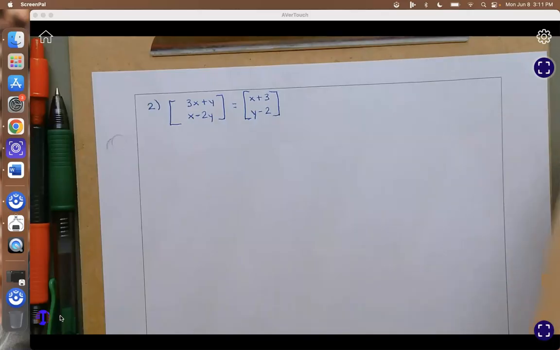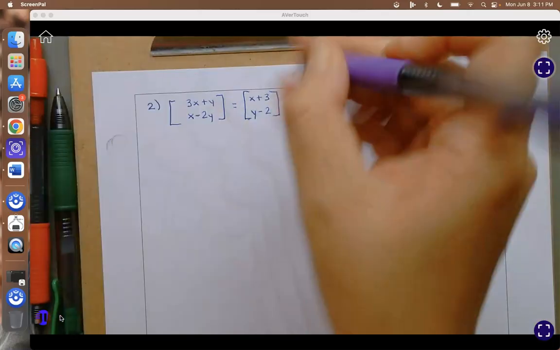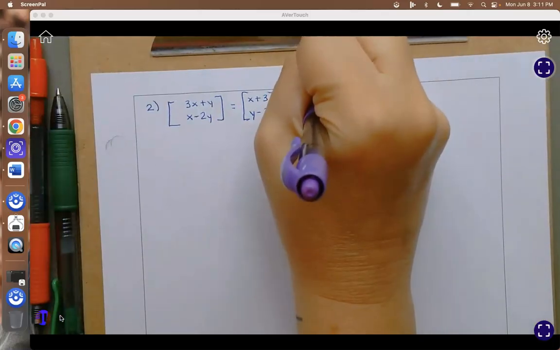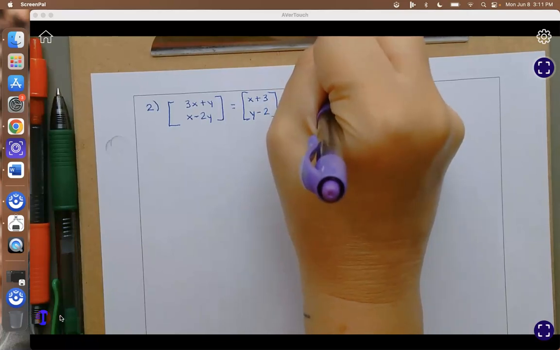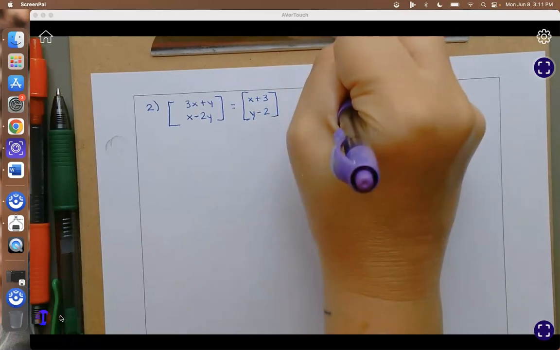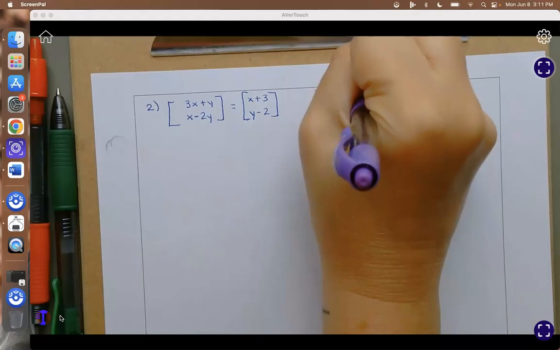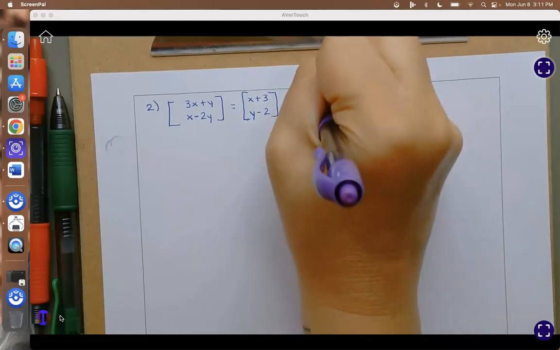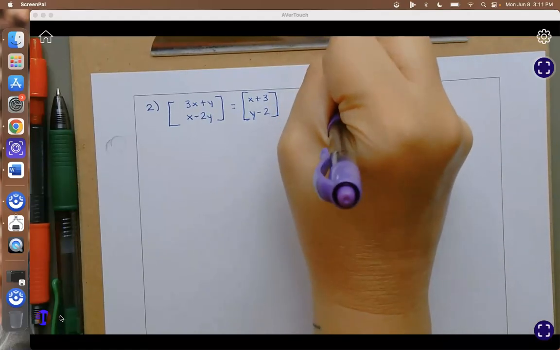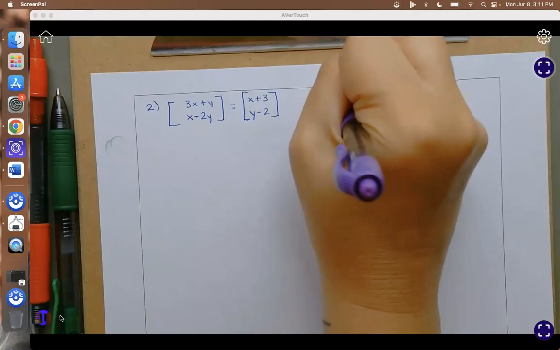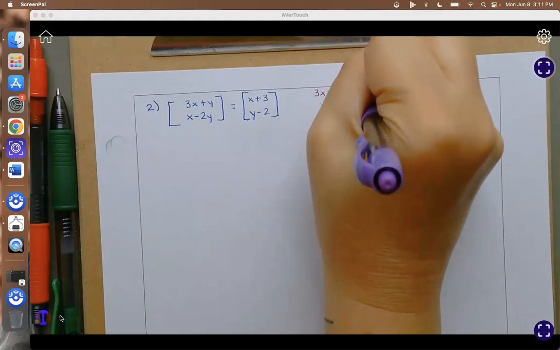Okay, so remember we set the corresponding pieces equal to each other, so we have 3x plus y equals x plus 3. We have x minus 2y equals y minus 2.